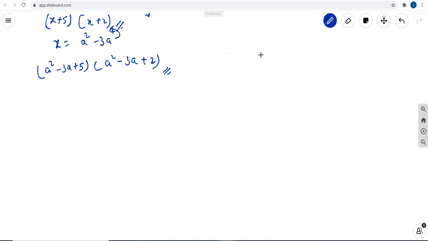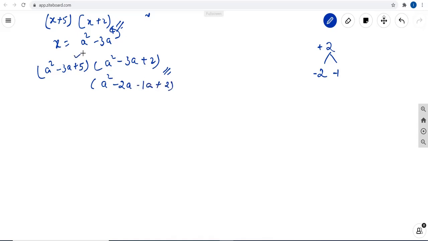Because it is 2 here, I can write 2 as 2 into 1. In between it is minus, so the bigger term I will take as minus, and we want plus, so I will take the other term also as minus. So this one I can rewrite as a square minus 2a minus 1a plus 2.